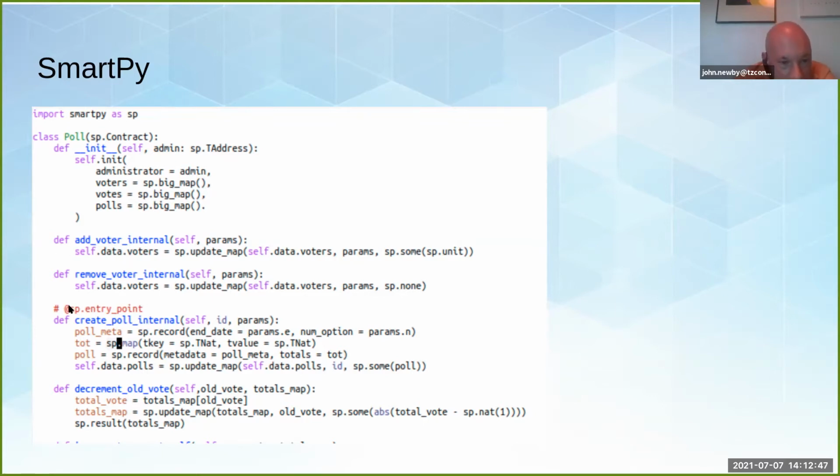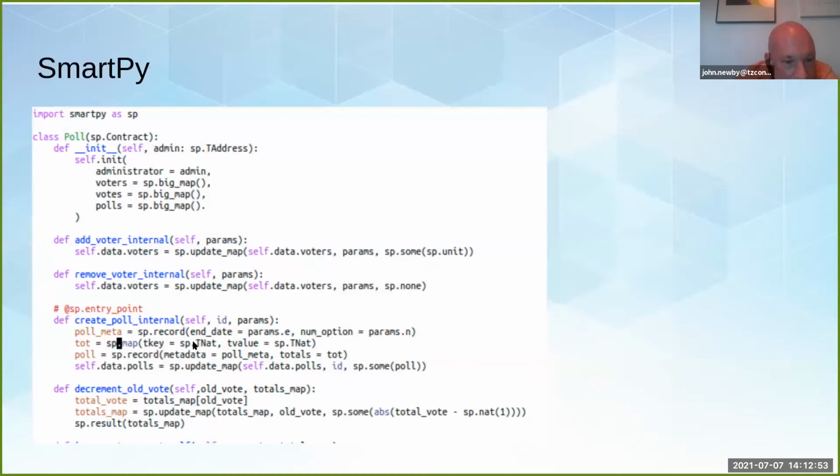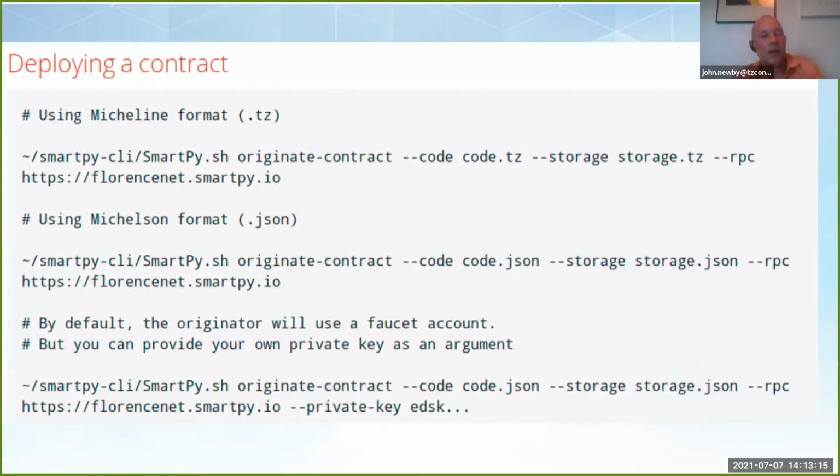The one at the bottom, called create poll internal, you can see that we have to give type hints in here. So we say tot equals sp.map, tkey equals sp.tnat, tvalue equals sp.tnat. This is necessary because the code that will be emitted has got types in it, and of course, Python doesn't really know about that.